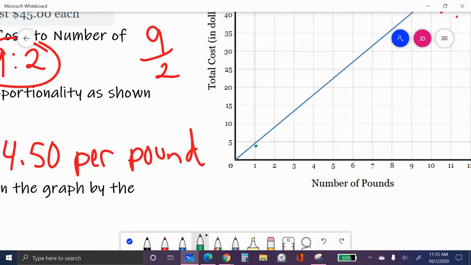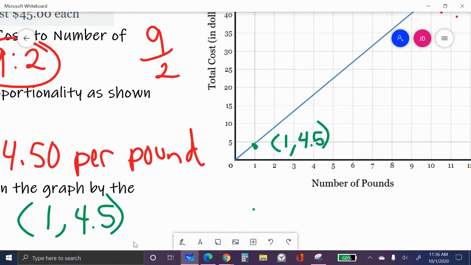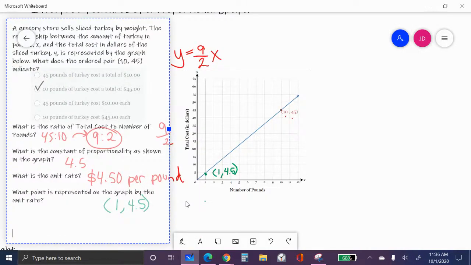So this point right here is the unit rate, which is 4.5. That is the point represented by the unit rate 4.5, because it doesn't really hit 5. It gets really close, but doesn't hit it.